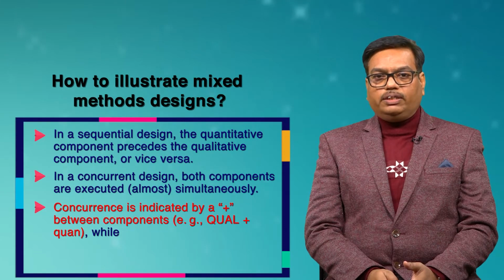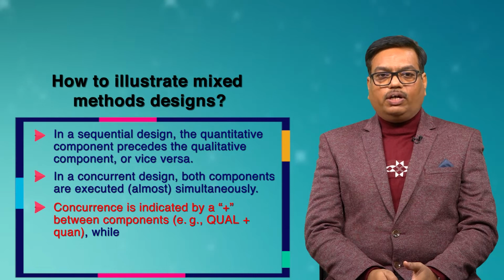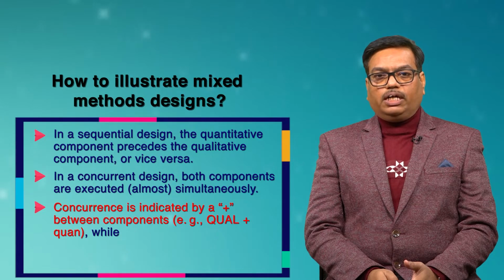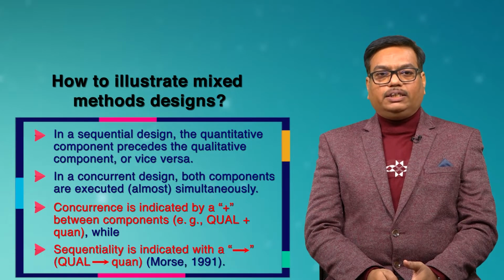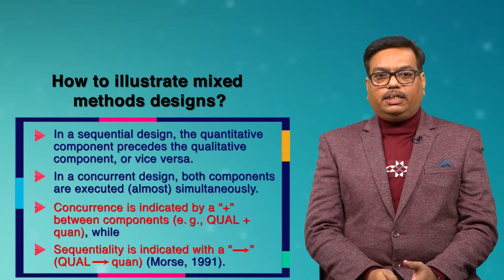For denoting qualitative, we use QUAL, and for denoting quantitative, we use QUAN. For example, to show concurrence, we will write QUAL plus quan, while sequentiality is indicated with an arrow, and in this case it will be QUAL arrow quan.